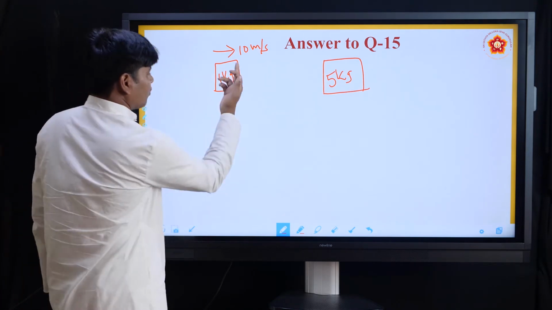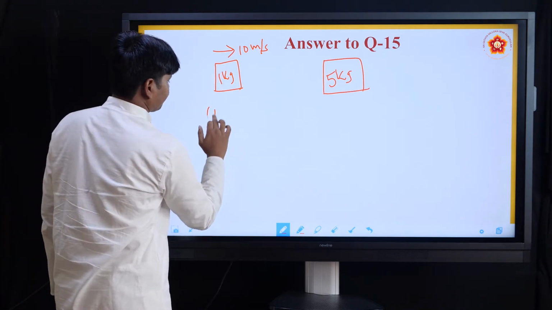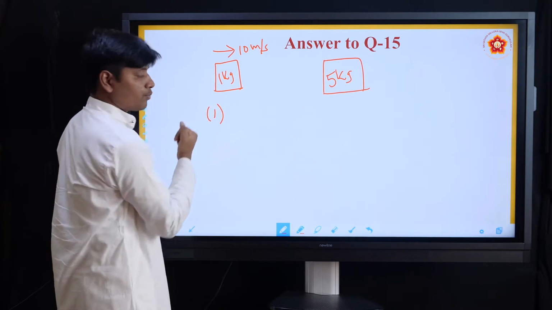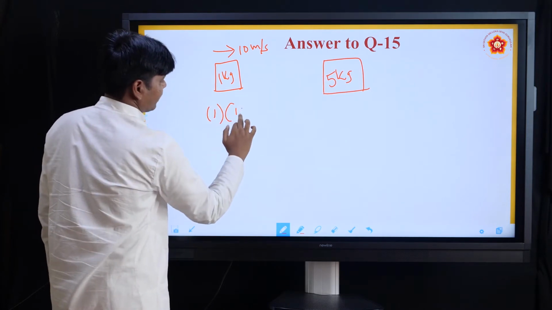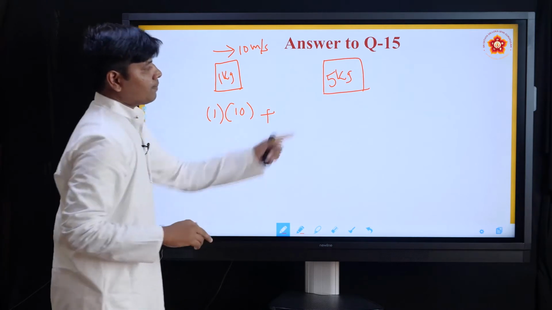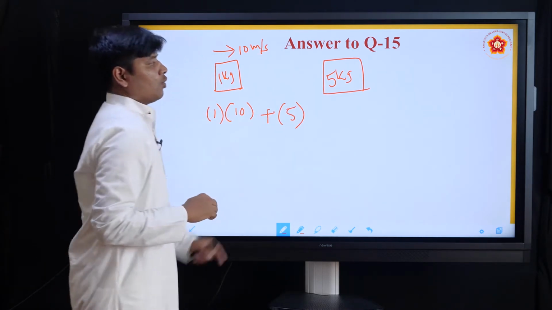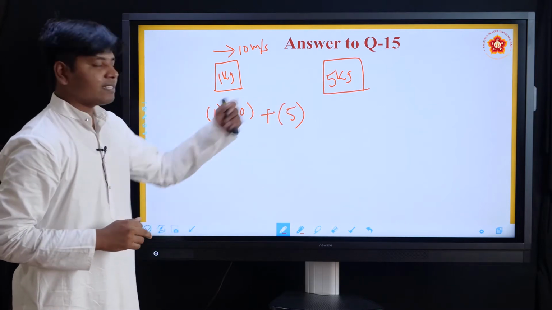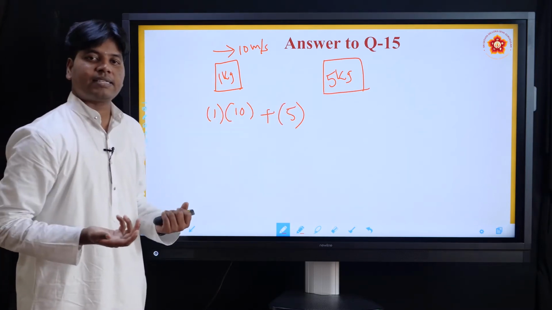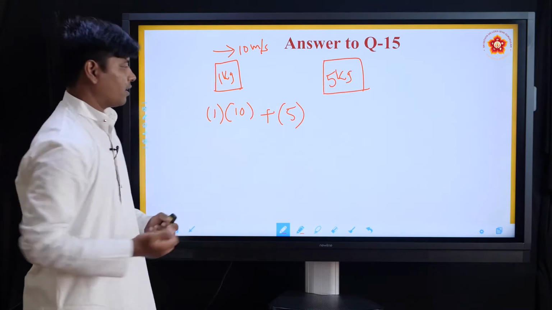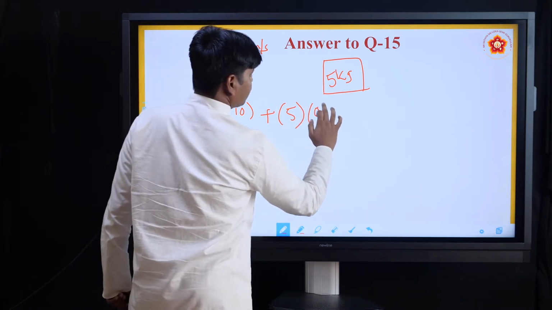So let us see the momentum of block 1. The mass of the block is 1 kg. What is the velocity? 10. Plus the mass of the stationary block, 5 kg. What is the velocity? It is stationary, it is not moving. So the velocity is 0.